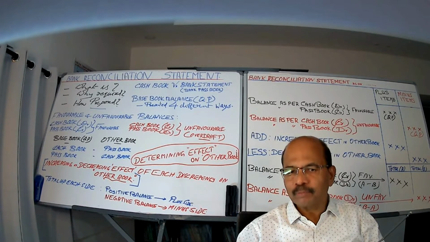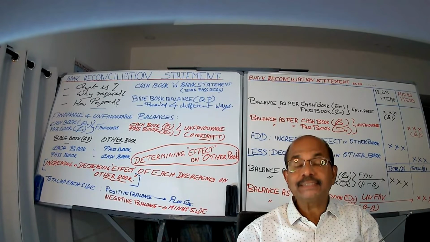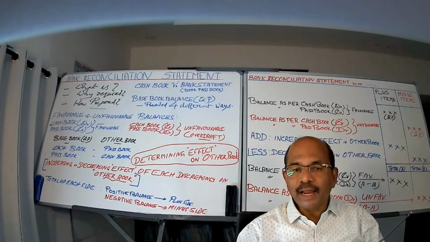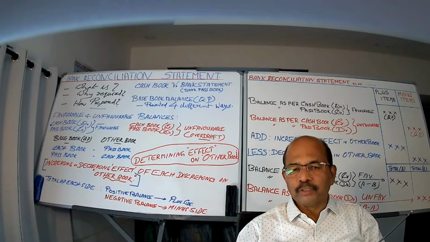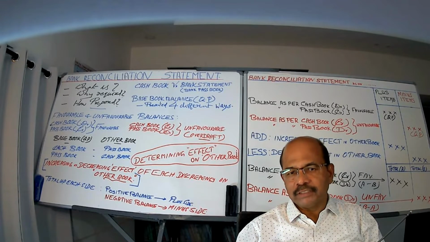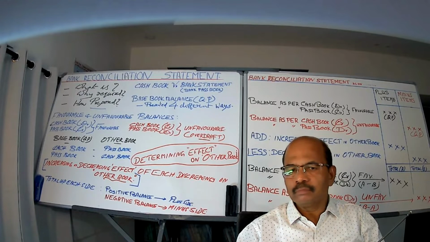Okay. One more case. A standing instruction. I had told banker, listen, on 10th of every month, or as and when the electricity bill is produced before you, kindly honor it and pay on my behalf. A standing instruction has been given to bank.